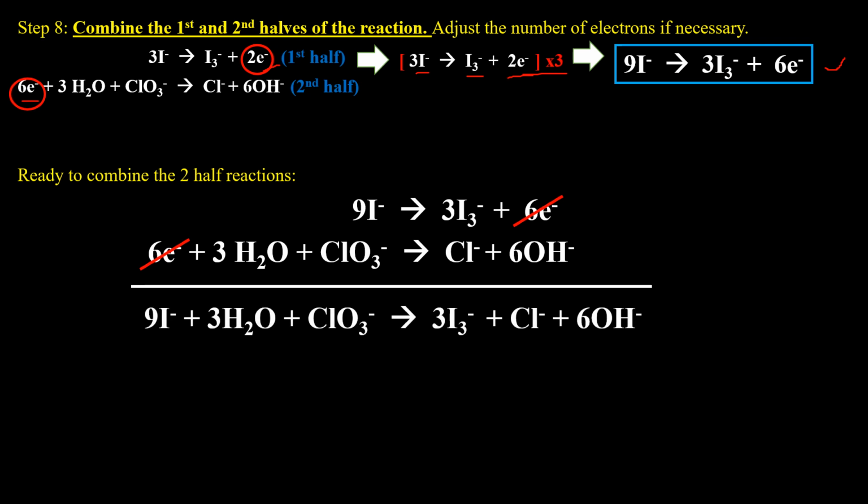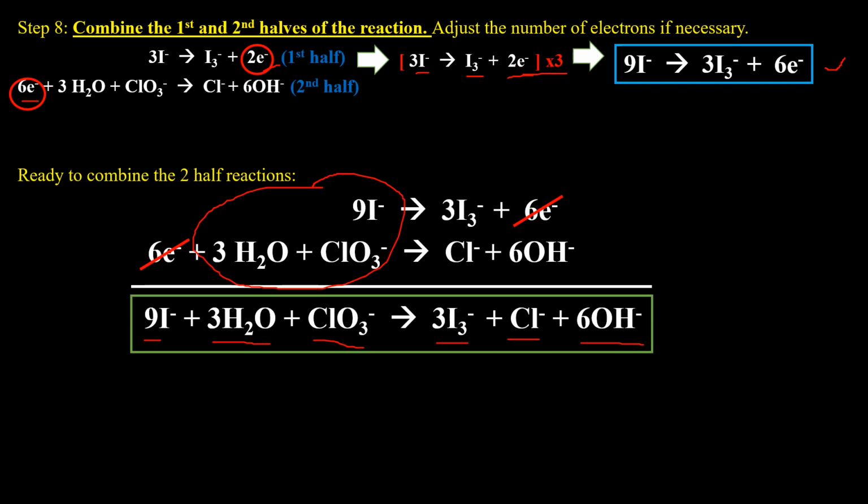So all the substances will be 9I negative plus 3H2O plus ClO3 negative yields 3I3 negative plus Cl negative plus 6OH negative. So this is now the final balanced redox reaction of this basic reaction.